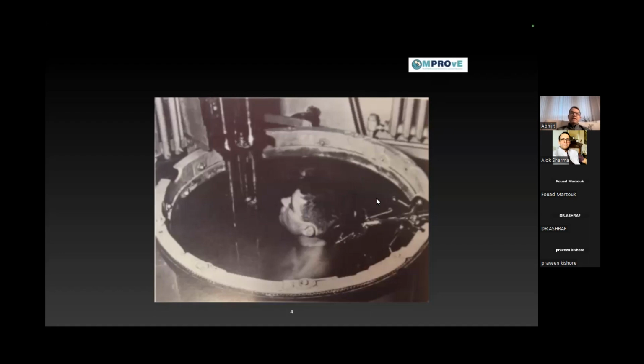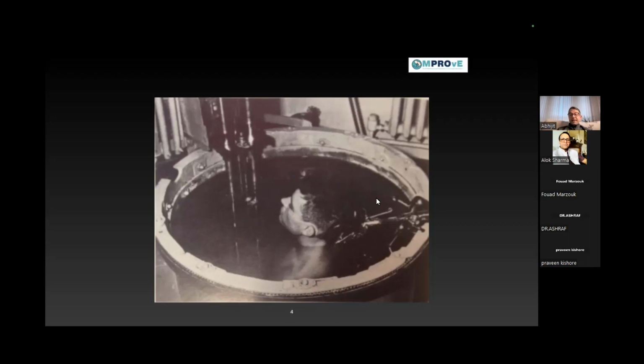Glasgow is the city where we started doing ultrasound. The first ultrasound was done on a pregnant lady to see the fetal head. So it all started in Glasgow, and we are making quite a progress here.